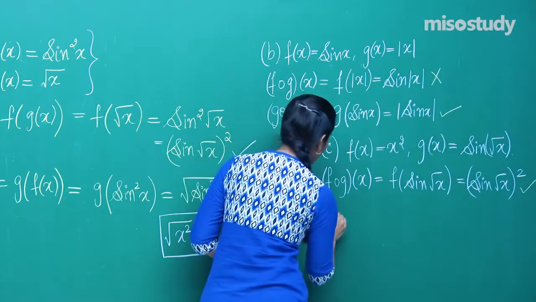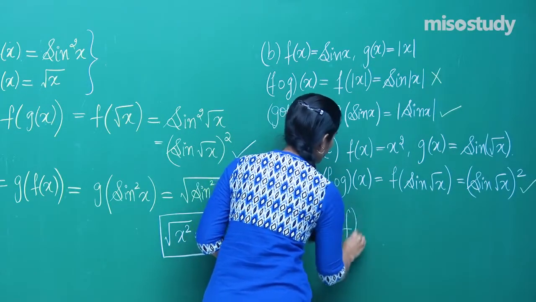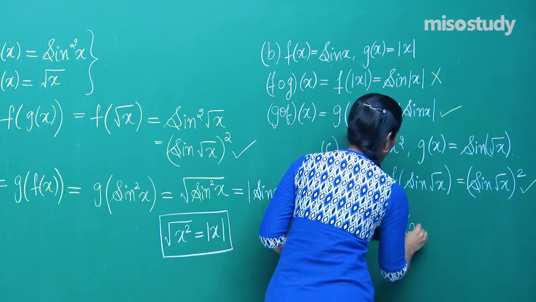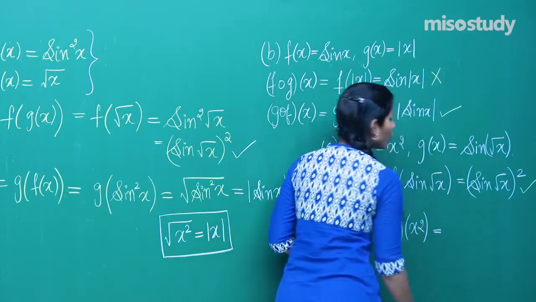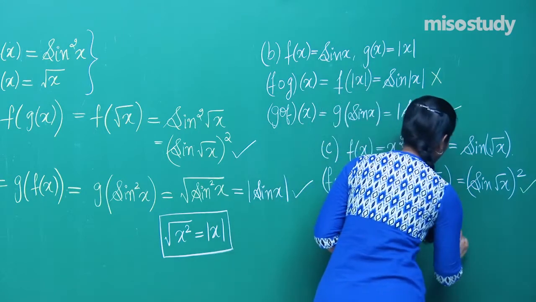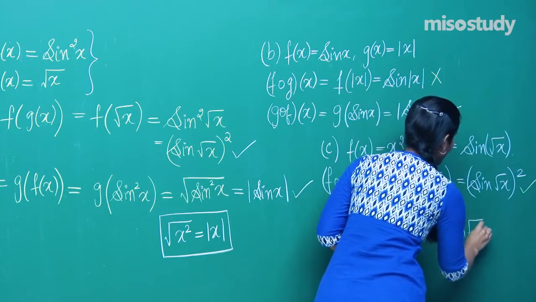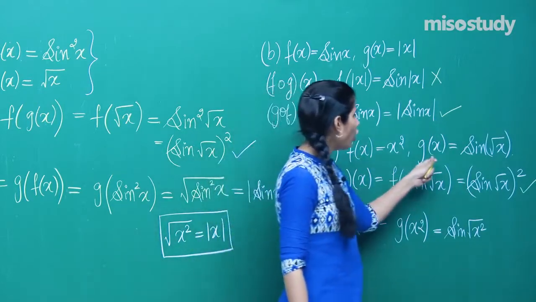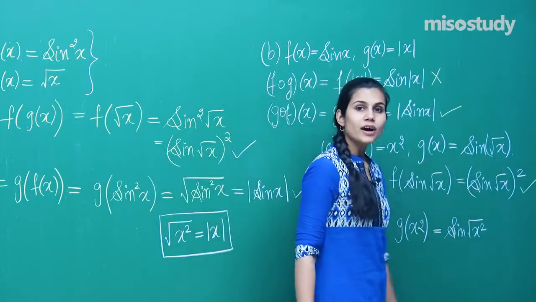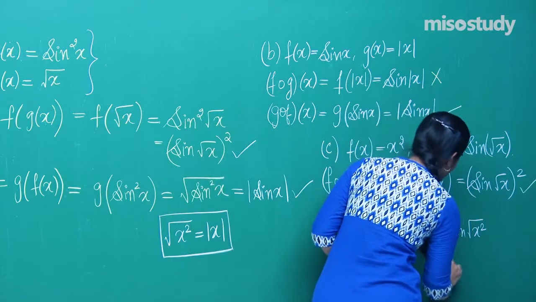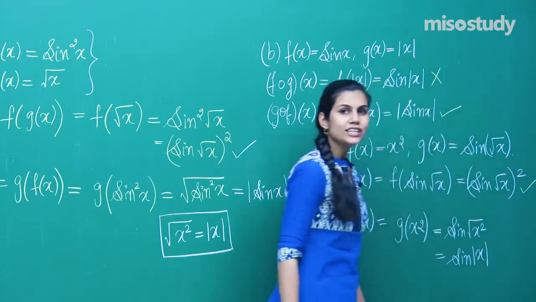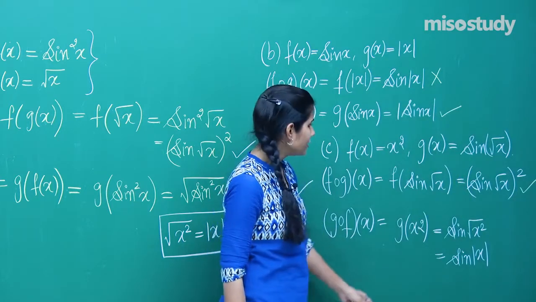And if I talk about GOF of x, this is nothing but g of x square, which is sine of under root x square, right? G of f of x, which is sine of under root x square, and I just now told you this is nothing but sine of mod x, right?